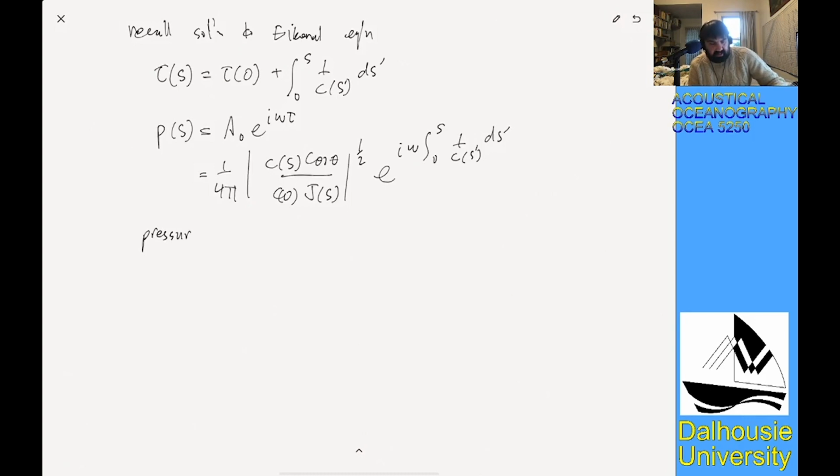So how do you get the pressure field? Well, now we have our source, we have these rays. Who knows how they all refract around and cross over. They have different phases along the path because of their length, right? How many waves fit along there.